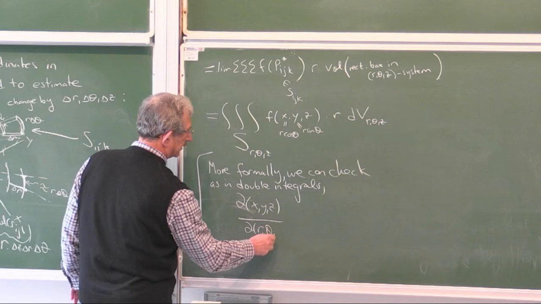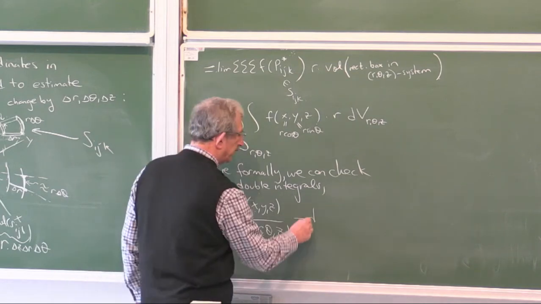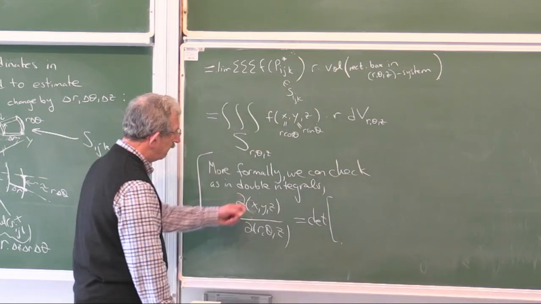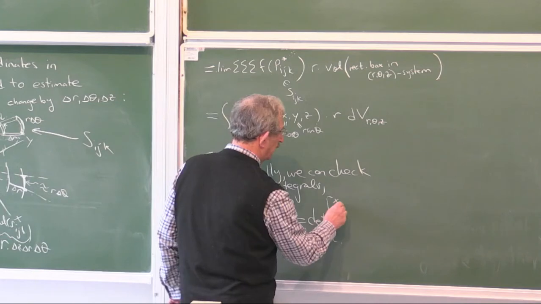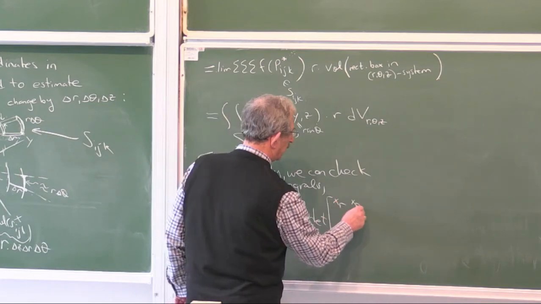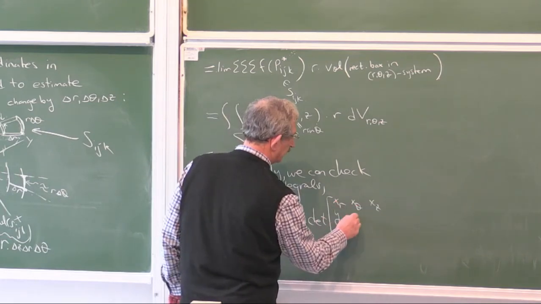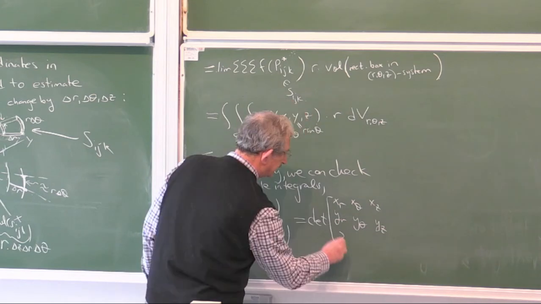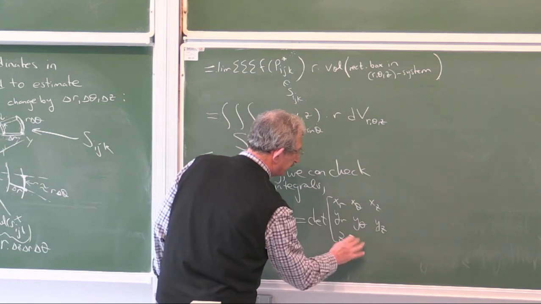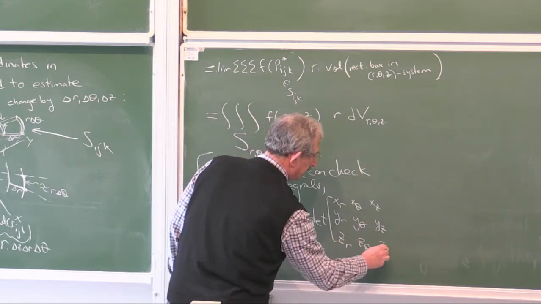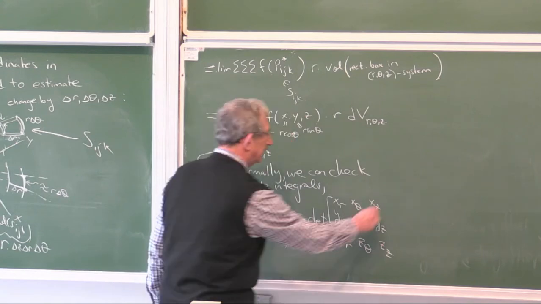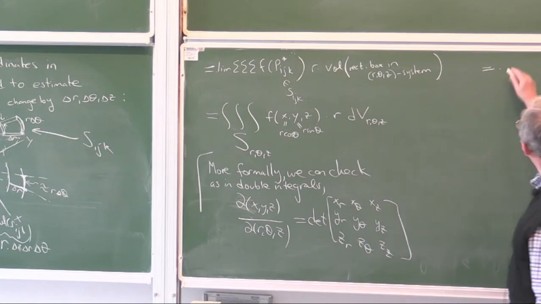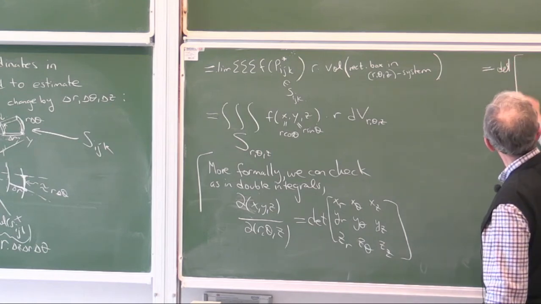Which is the determinant of derivatives of x with respect to r theta z, of y with respect to r theta z, and z with respect to r theta and z. And that determinant happens to be, let me rewrite that.